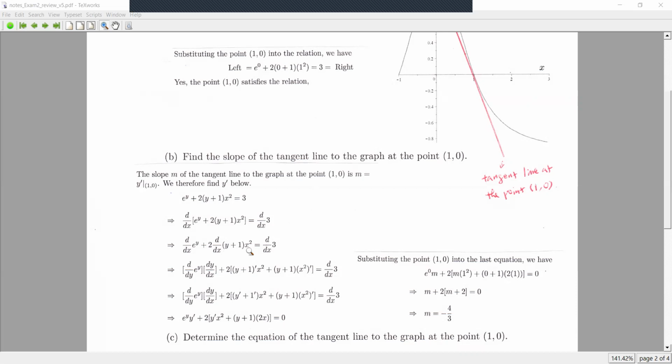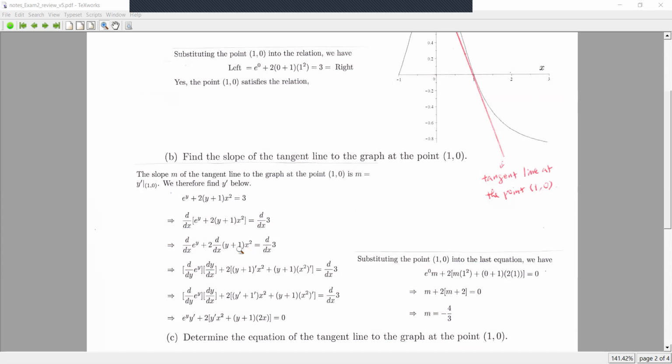Because y depends on x, y plus 1 therefore depends on x. So y plus 1 is a function of x. X squared depends on x. It is a function of x.